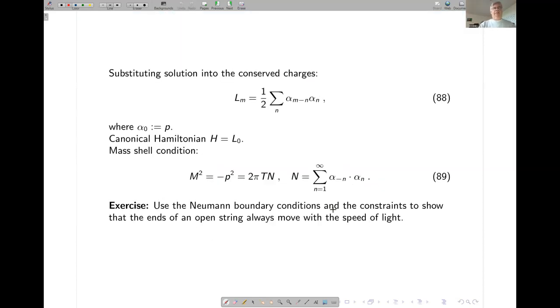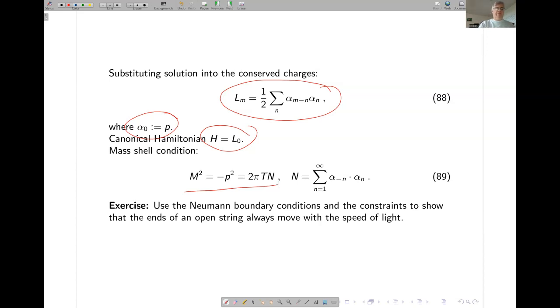For reference, the conserved charges of conformal symmetry for an open string can be expressed in terms of the alphas, only one set. It's given here. Again, this also includes the contribution from the momentum. The canonical Hamiltonian is then simply L0 for an open string, and we get a similar looking mass formula to the closed string, with just one set of Fourier modes entering into the mass formula.